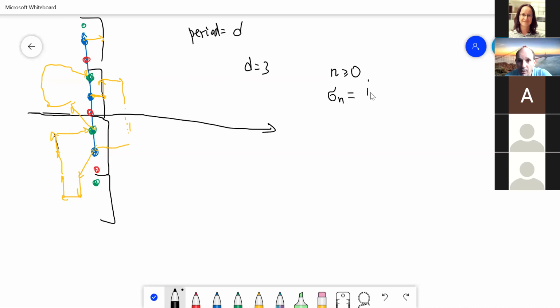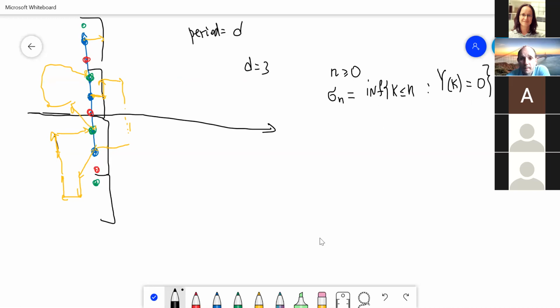So this is the infimum of k less than or equal to n, such that y k is 0.